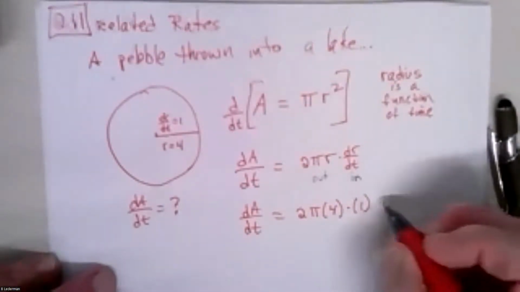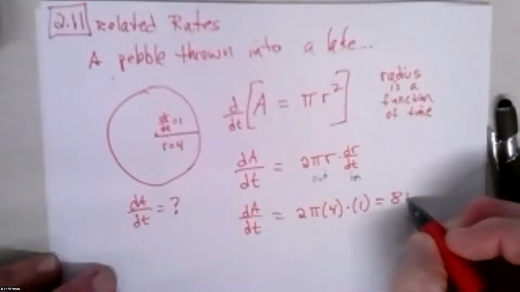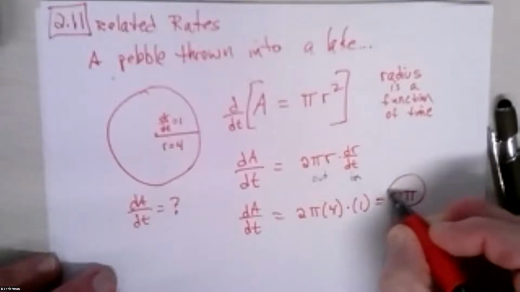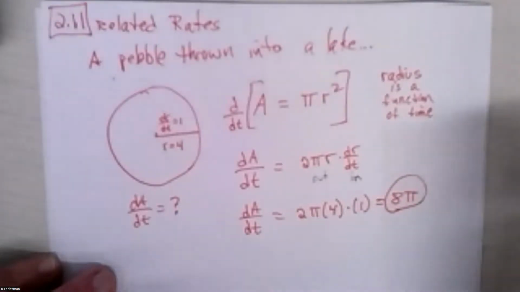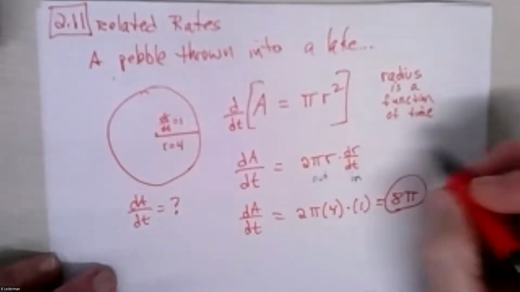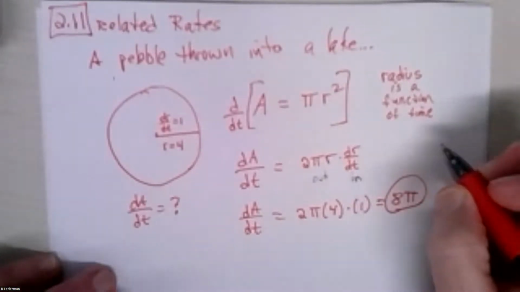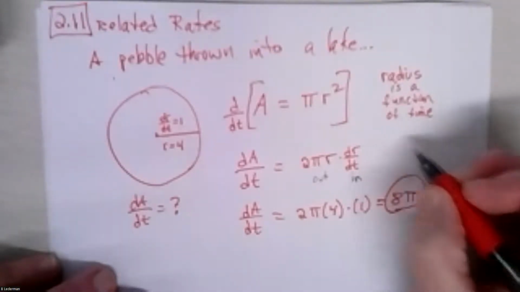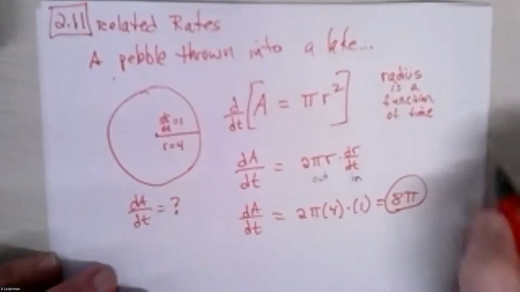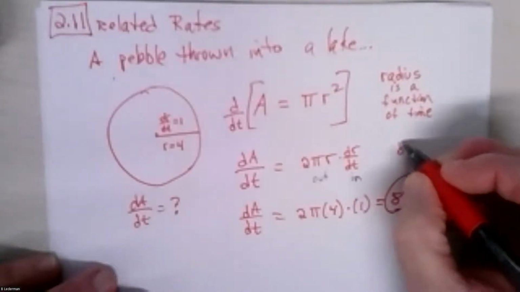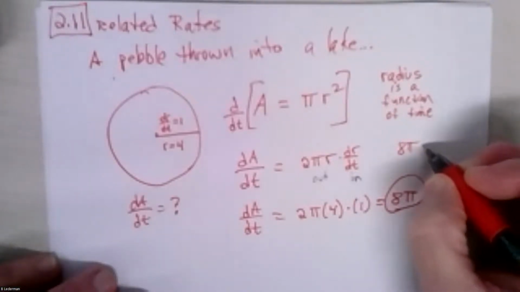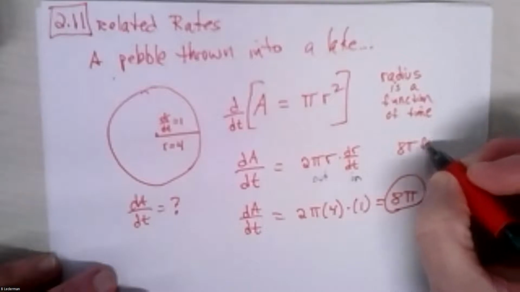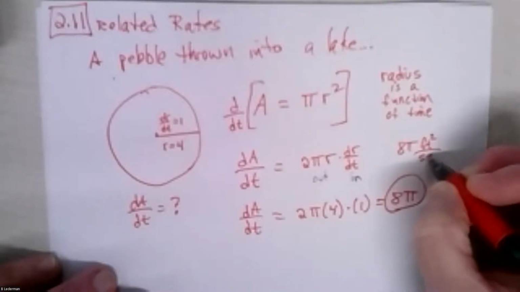And that's just equal to 8 pi. Of course, I wrote 8 pi, but we really mean 8 pi square feet per second. I'm going to write it this way: 8 pi foot squared per second.